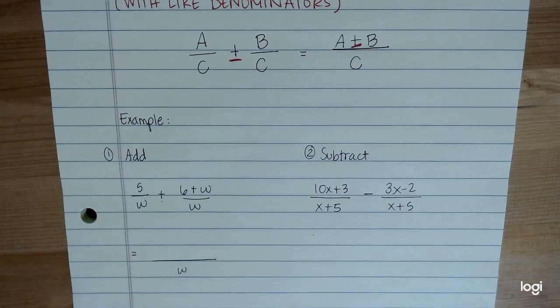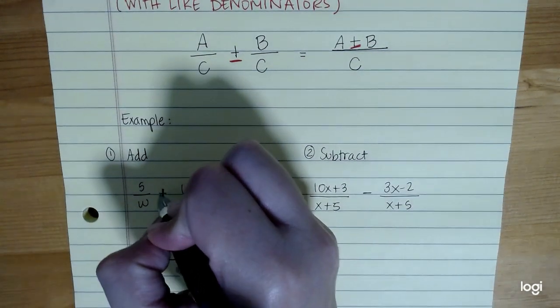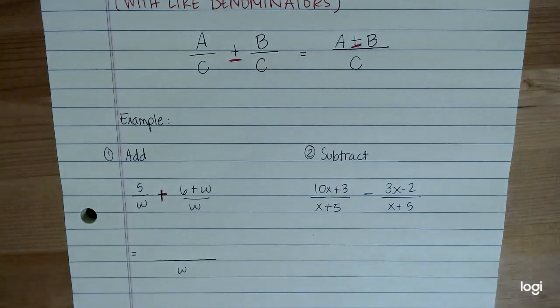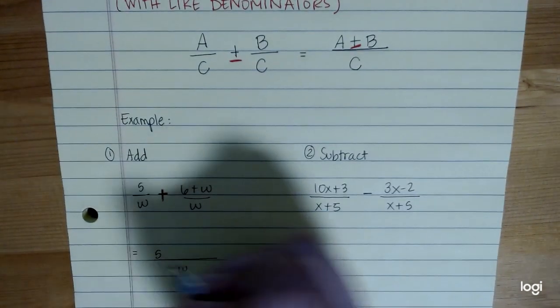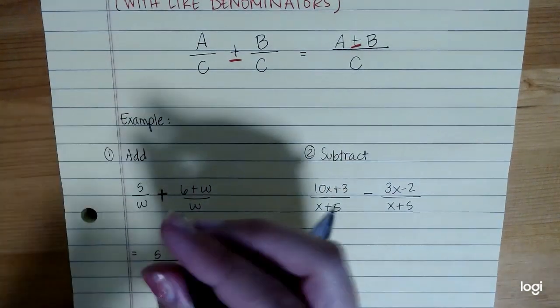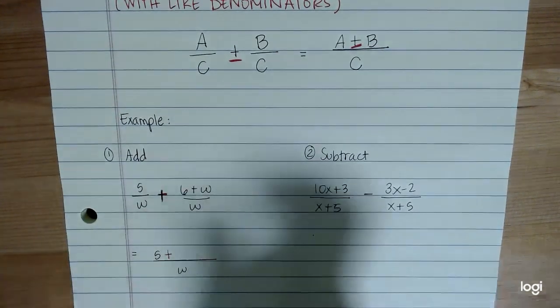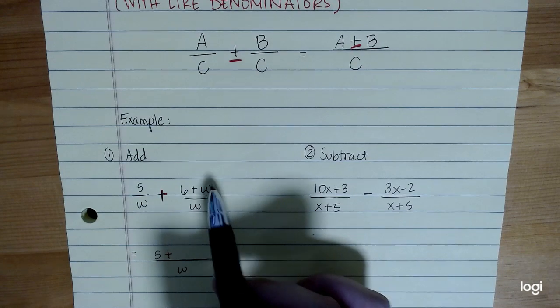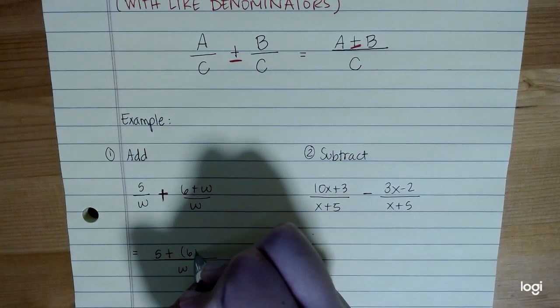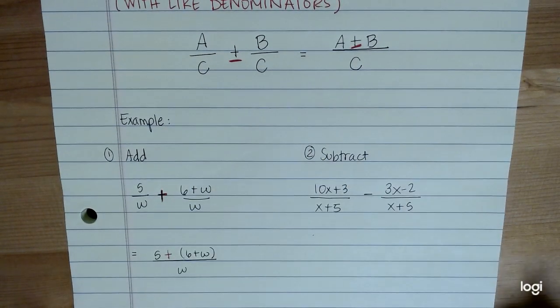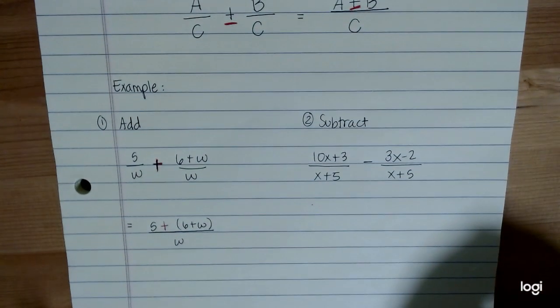I know I'm adding because they stuck a plus sign between those two rational expressions. Now I get to add my numerators. This numerator is a monomial while that numerator is a binomial, so I am going to put the second numerator in parentheses.